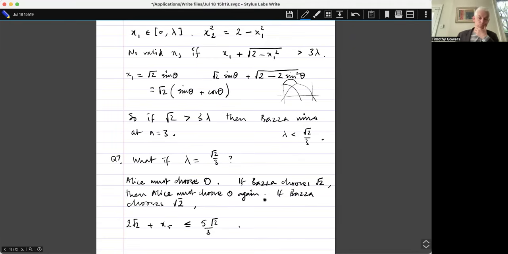So if we consider what happens at the fifth stage, then we see that Bazza not only wins, but wins with a bit of room to spare, because this is not just impossible, but impossible by quite some way, because this number here is strictly less than 2 root 2.